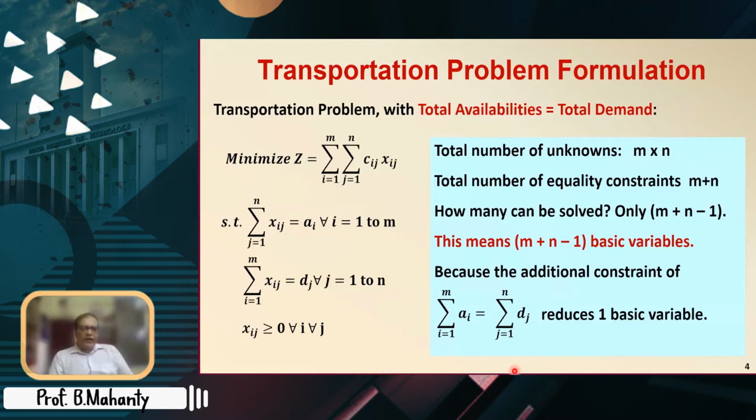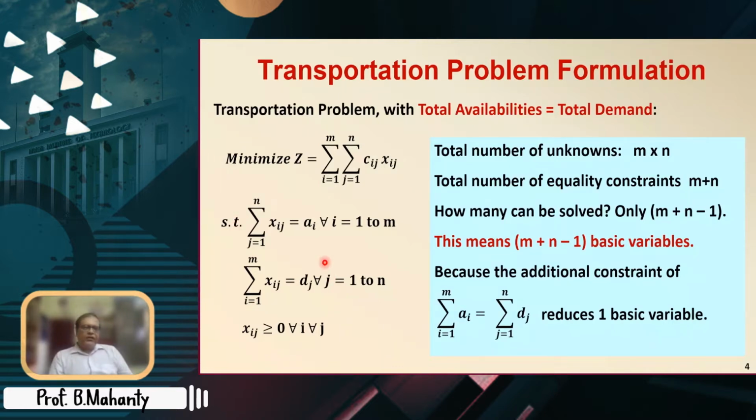And when sigma a_i becomes equal to sigma d_j, the only thing possible to balance the problem is that at a particular source, the total amount that is transported to different destinations should be equal to the availability of that source.